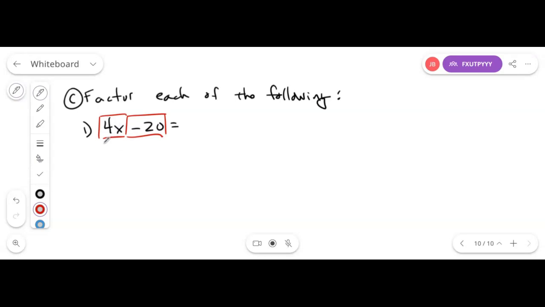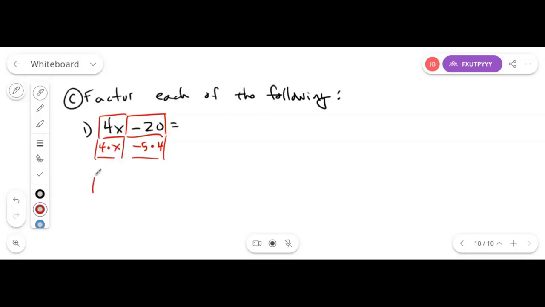Yes. This box has 4 times x in it. This box has -5 times 4 in it. Because remember, we're looking for the greatest common factor. Greatest, the biggest number that goes into both of those.